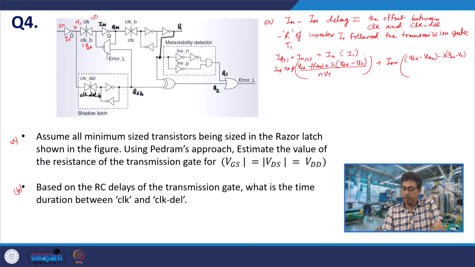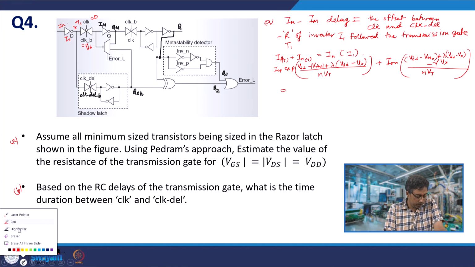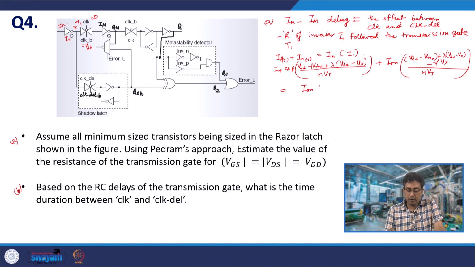again plus the contribution of body factor, which is VSB. So, now that is Vx, okay, divided by NVT. Now, this is equal to IN of the inverter's NMOS. So, the inverter's NMOS, it is ION into, so since all the transistors are minimum size, the width factors would cancel.